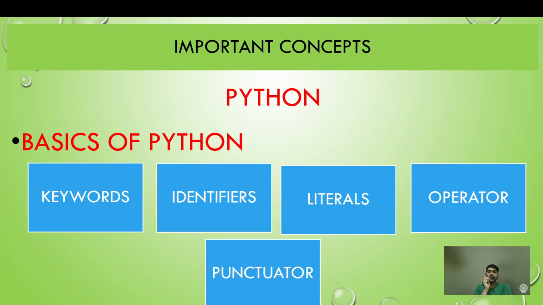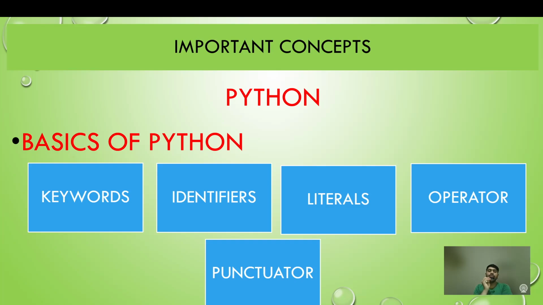The identifier rules say that it should start with a character, although you can start with an underscore. It can contain numbers, but a number cannot be the first character. It should be from the second position onwards.